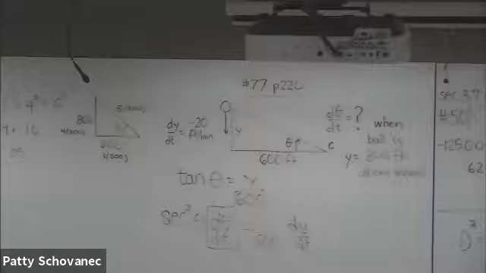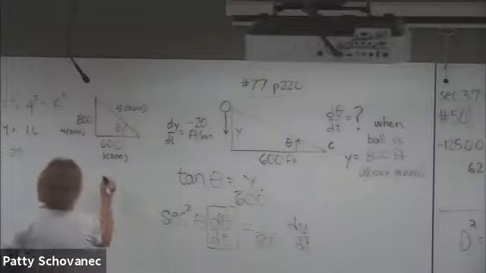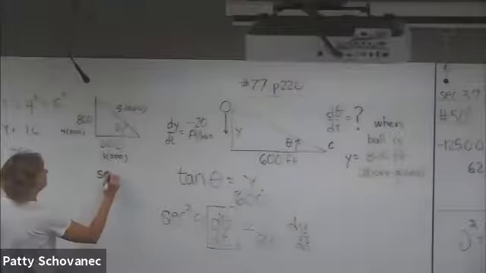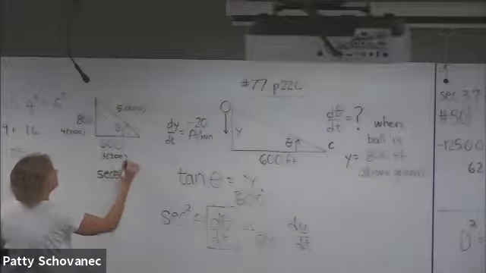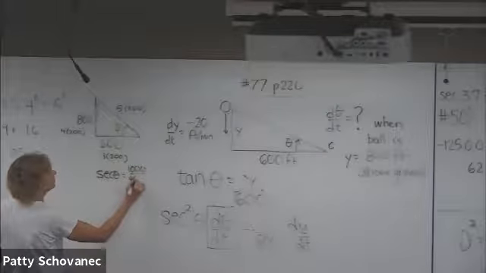But anyway, if I know the hypotenuse is 1,000 and the adjacent side is 600, then I know what the secant is: hypotenuse over adjacent. So now I've got a number to put in everywhere. So that says that the secant of this angle is hypotenuse 1,000 over adjacent 600.